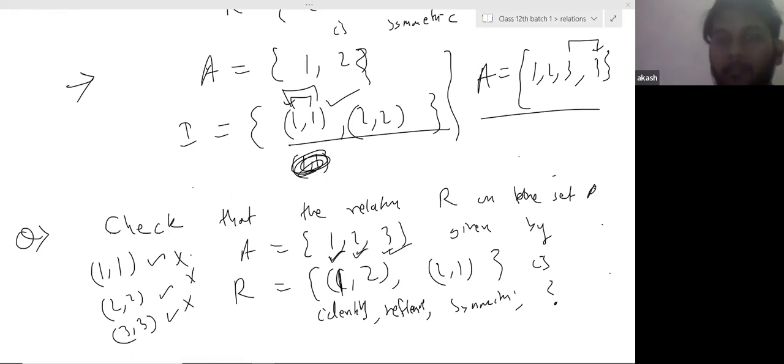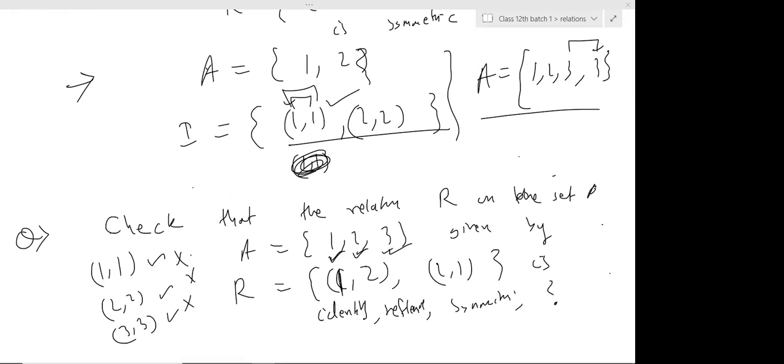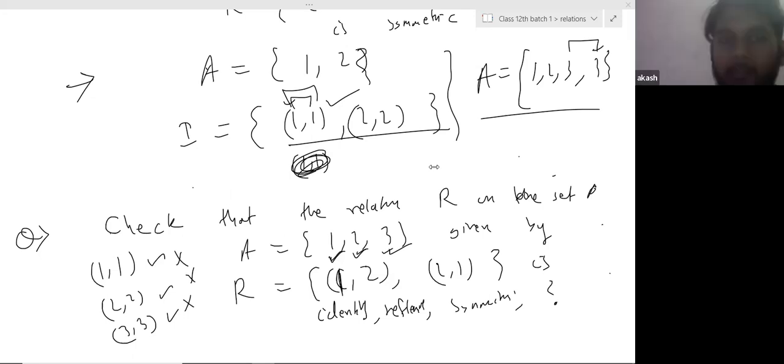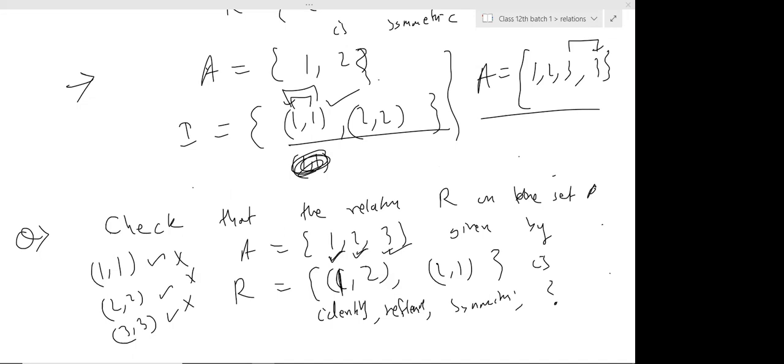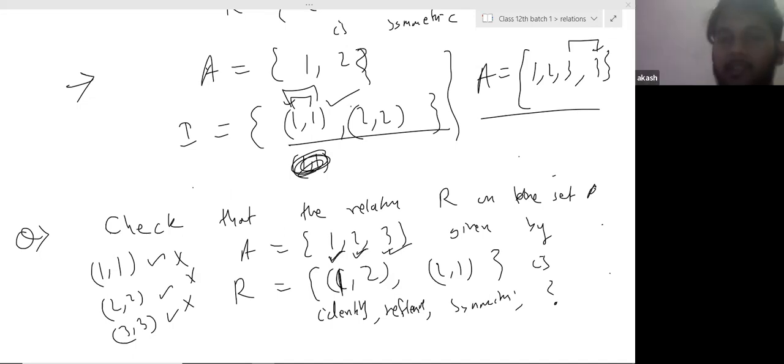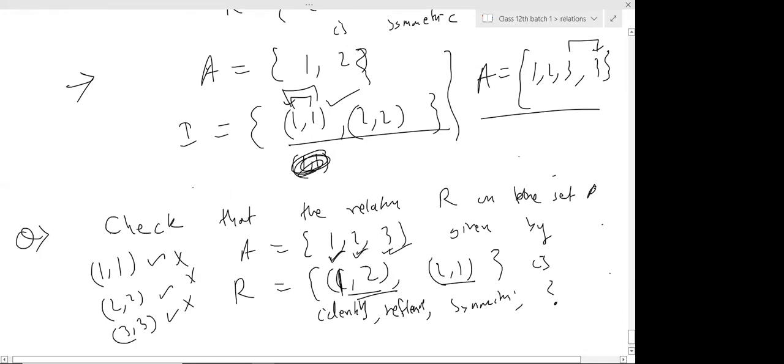Not identity either, but this is symmetric. I think the missing one is the third element, sir. So it's still symmetric. Yes. It doesn't matter if it is missing any element. If (1,2) is there and (2,1) is there, then this is symmetric. All right. Sir, can you remind us what is identity relation also?